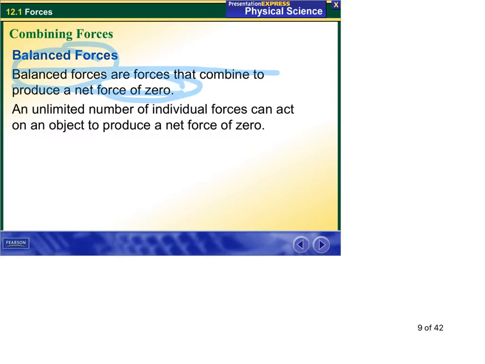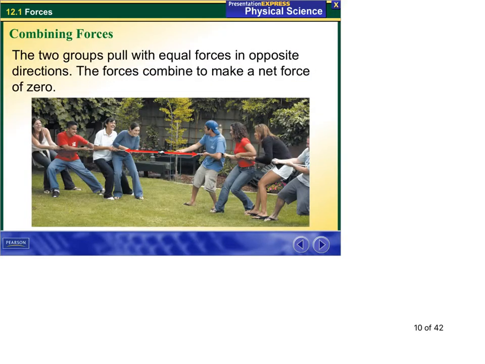We can have many forces, an unlimited number of forces, giving us a net force of 0. Here's the illustration: two teams in a tug of war. If they're pulling with equal forces in opposite directions, the net force is 0, and there'll be no change in motion of that rope.